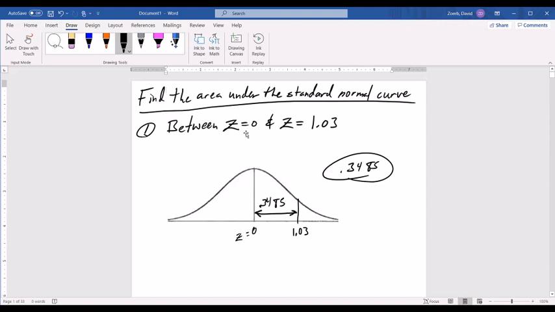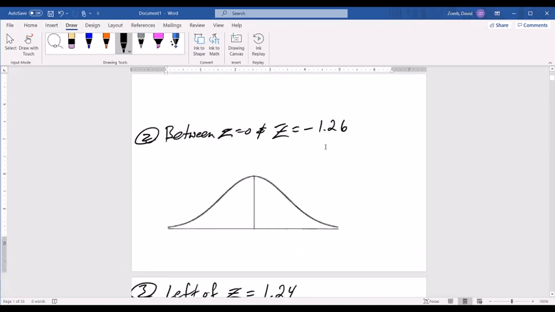And between 0 and 1.03, that is your result. Every single value inside of that table is always from 0 to that z-score. And that's one reason why I'm asking you to draw this double arrow, so you can easily see, okay, from 0 to here, it's this much.